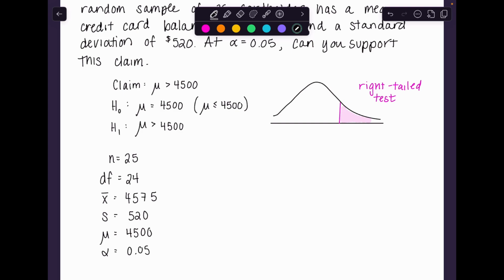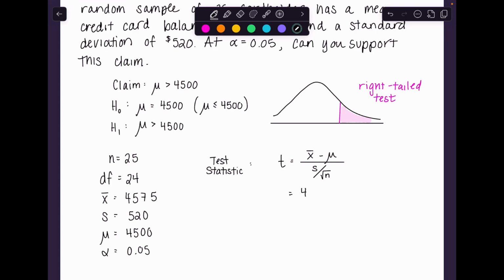So regardless of the method that I'm going to use, I need to know my test statistic. So I'm going to go ahead and calculate that first. And then we'll go into each test separately. So our test statistic is T. It's the sample mean minus the population mean over the standard deviation divided by the square root of the sample size.